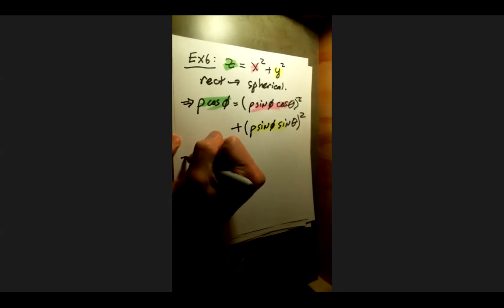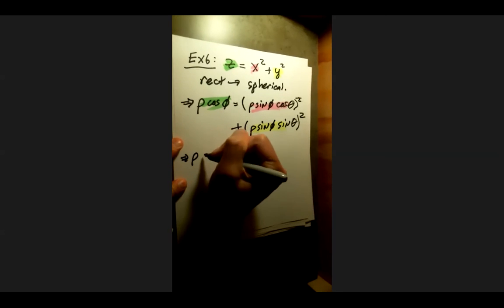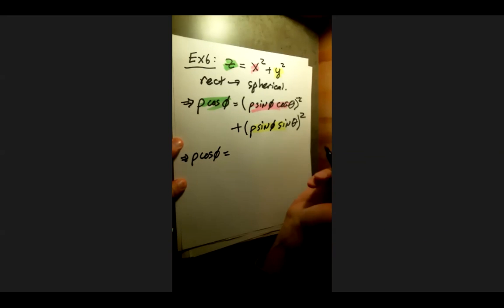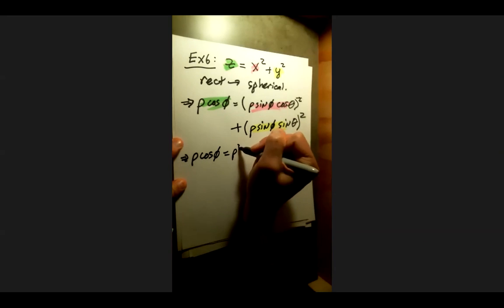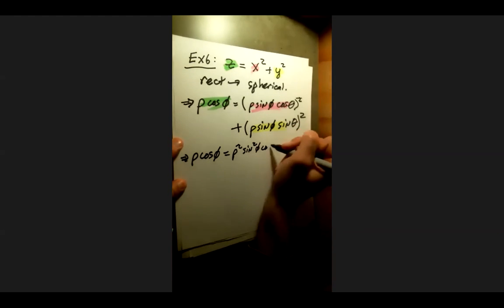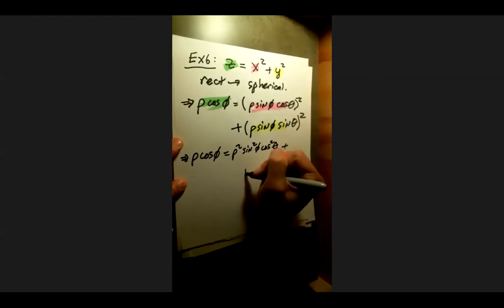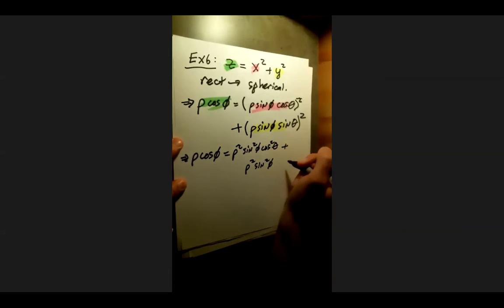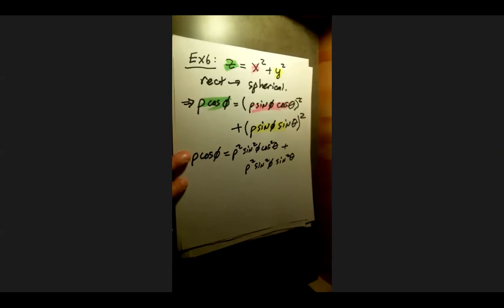So let's see what we get here. So we get rho cosine phi equals rho squared sine squared phi cosine squared theta plus rho squared sine squared phi sine squared theta.